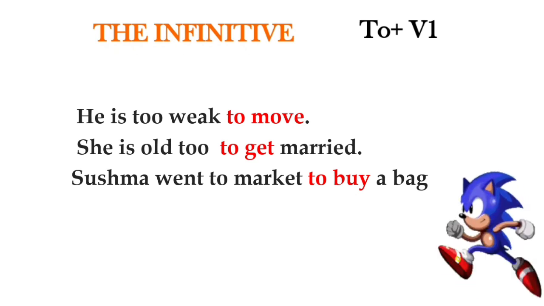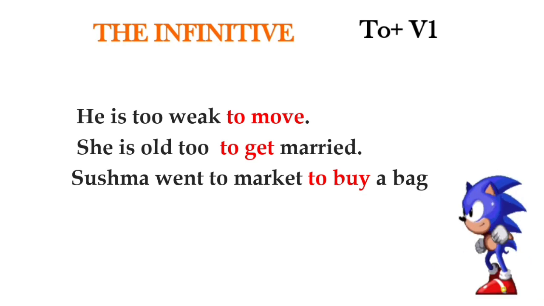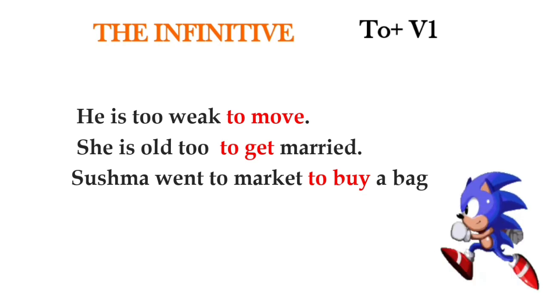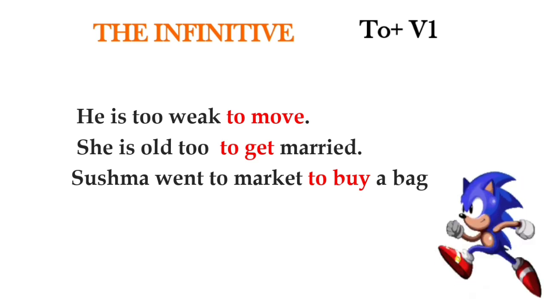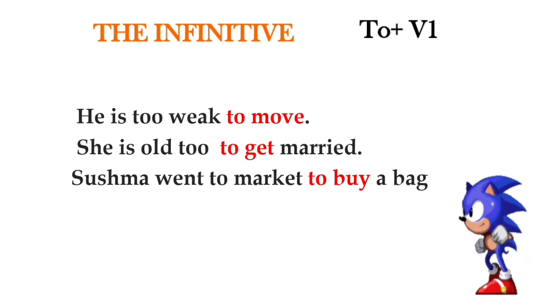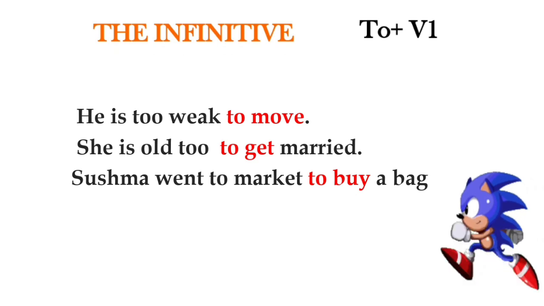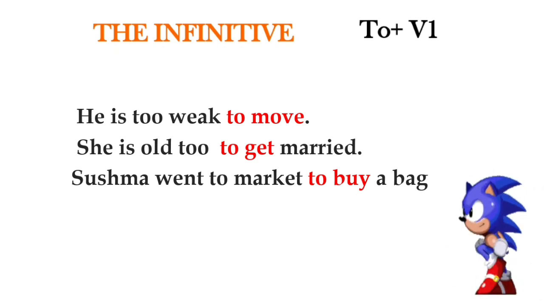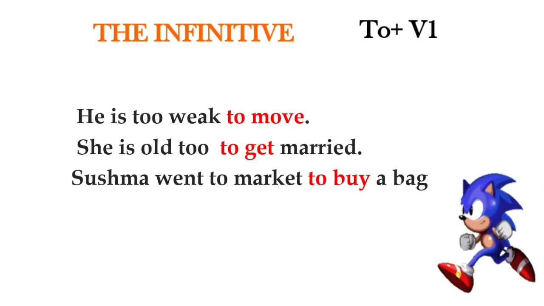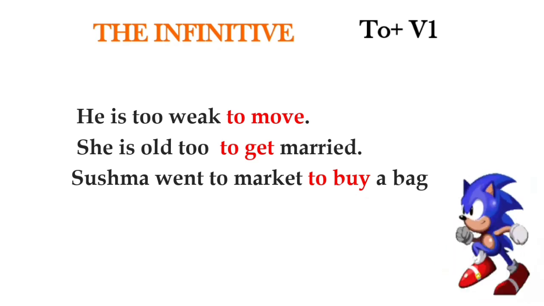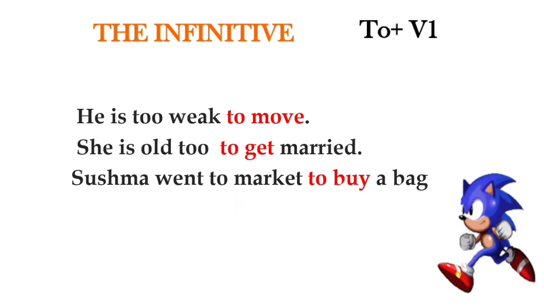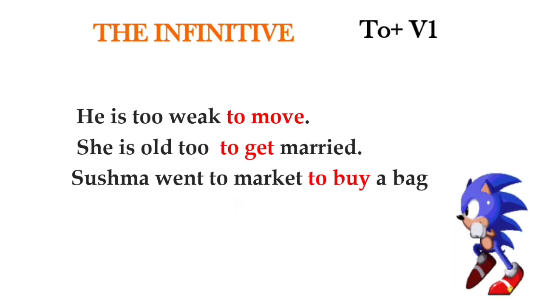He is too weak to move. To move. Move is verb 1. We might call it a finite, but to move is not finite here because for the subject he, the next word is the finite verb, but V1 is at the end with to, so that to move is called the infinitive or to-infinitive.